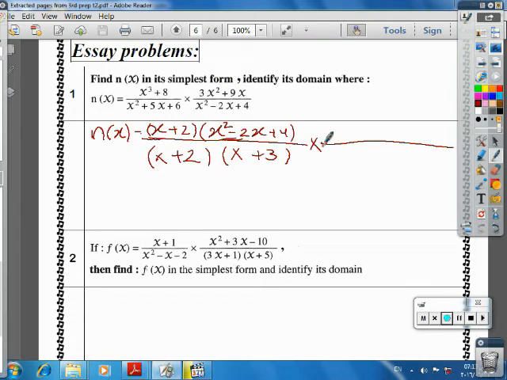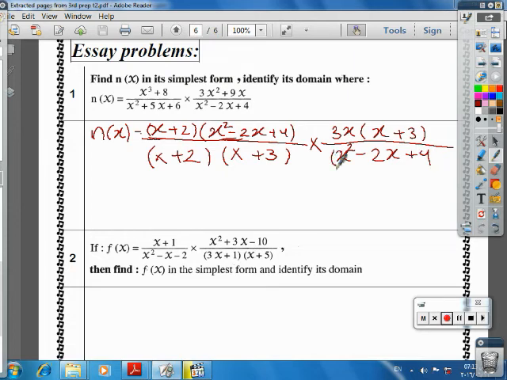in the numerator in the second fraction. Okay, wait a second, we take 3x as HCF times (x plus 3) over, now x power 2 minus 2x plus 4. Can that be factorized? No, we can't factorize it.